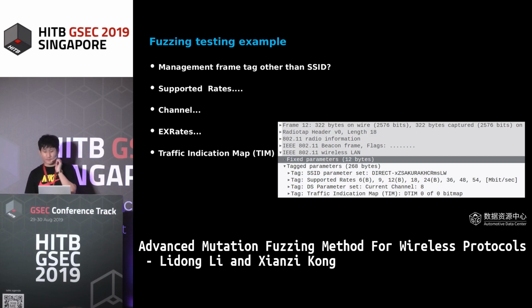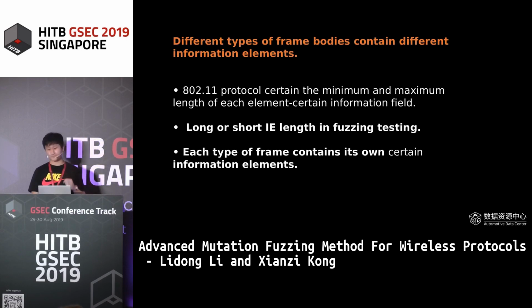We can choose the information elements of the frame for fuzzing targeting. For example, supported rates, channel, extended rates, and TIM. The picture shows part of the information elements of the beacon frame.